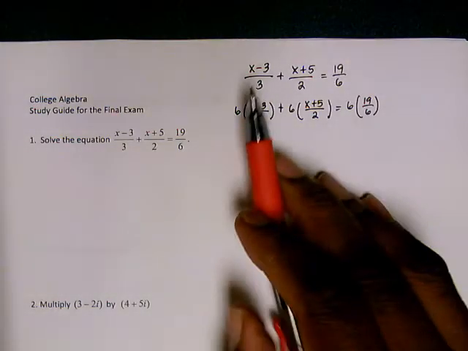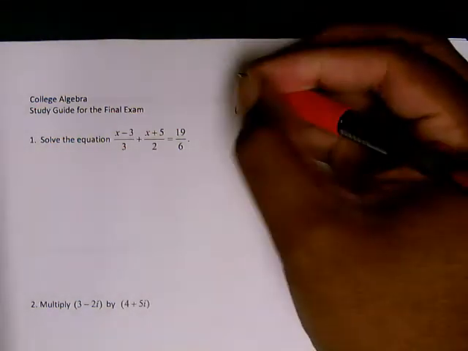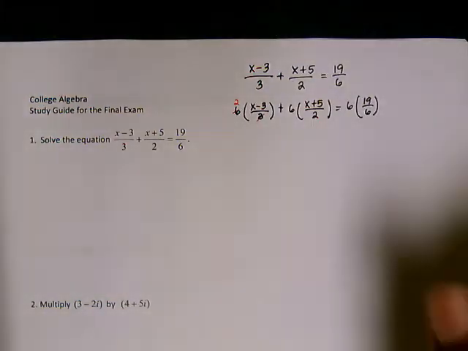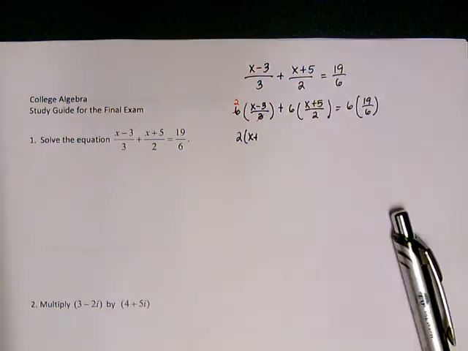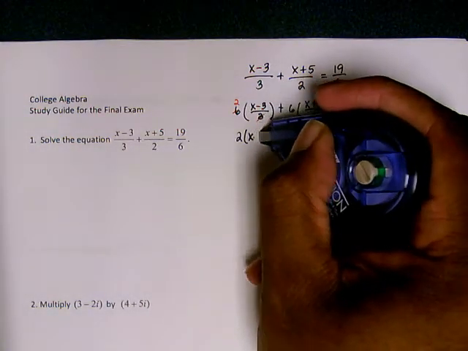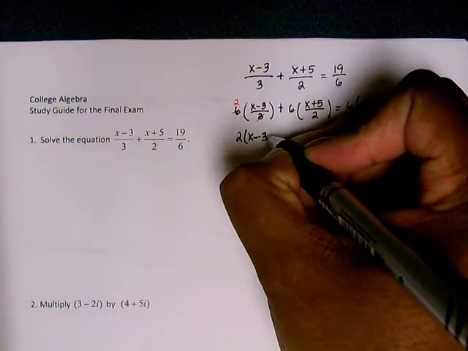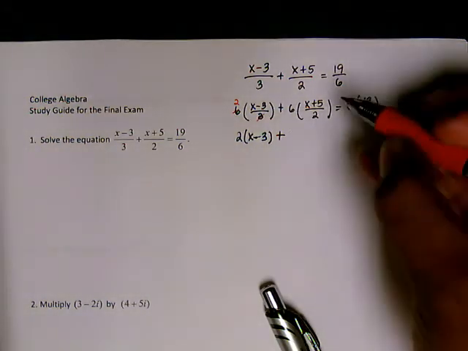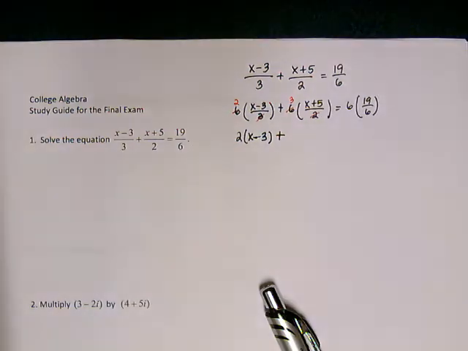So for this first term here, where you've got 6 times (x minus 3) over 3, I can divide 3 into 6. That's going to go 2 times. So that means I'm going to have 2 parentheses x minus 3. And then plus, for the 6 times (x plus 5) over 2, the 2 goes into the 6 3 times.